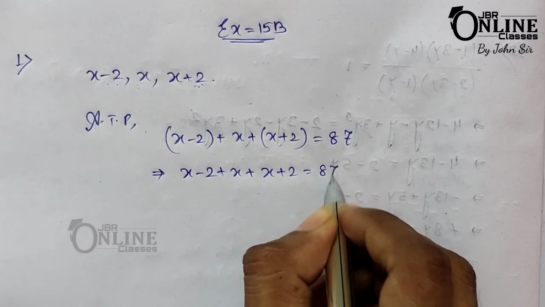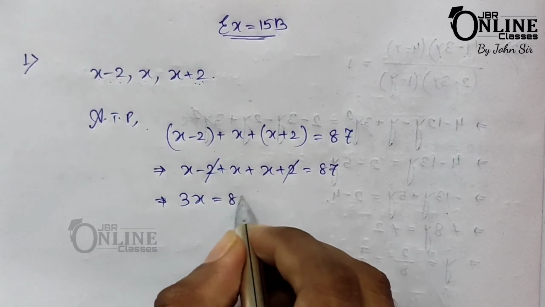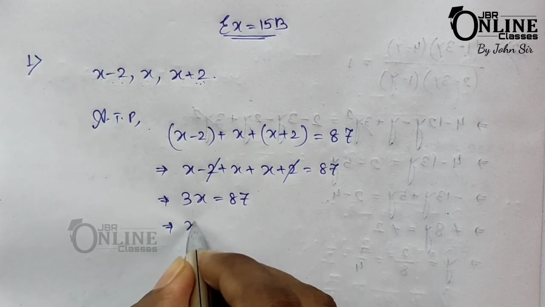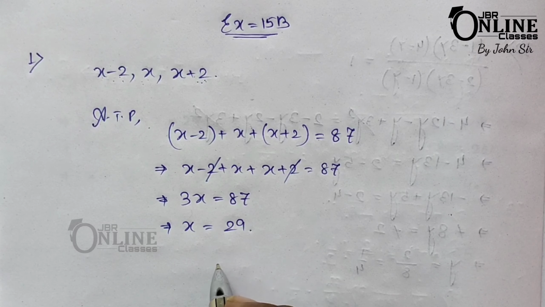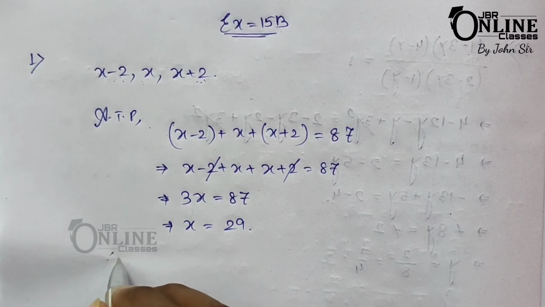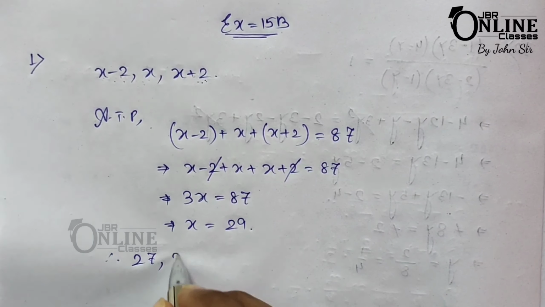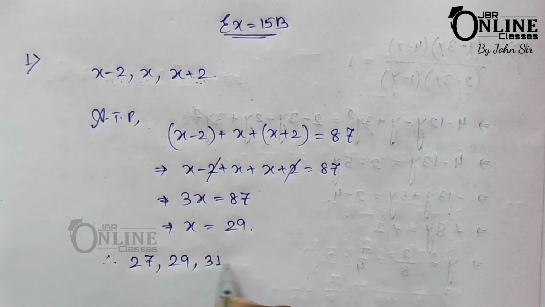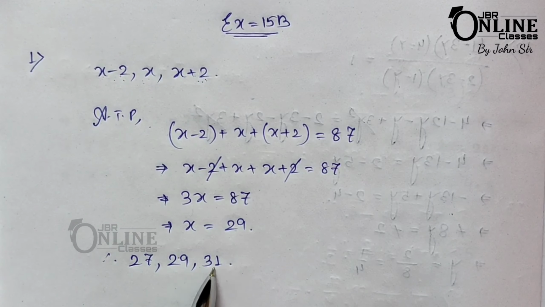The 2s cancel out, so 3x equals 87, so x equals 29. If x equals 29, then the 3 consecutive numbers are 27, 29 and 31.